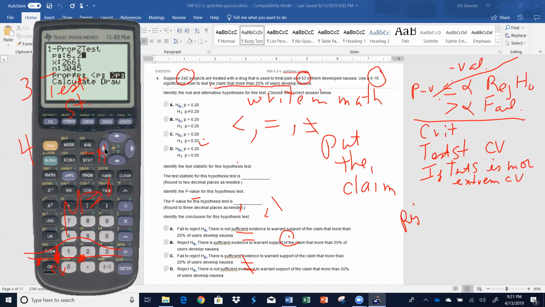Whoops, not a 6.2. A 0.2. How did I get a 6? That's just clear. There we go. Now, 0.2. That looks better. x is 53.